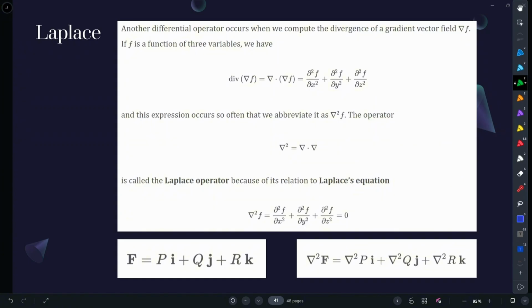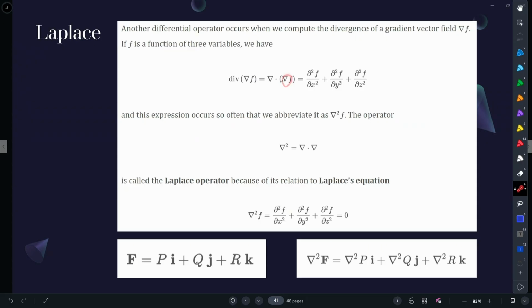The last thing I want to say is one more operator that you may have heard about, the Laplace operator, which comes about by taking the divergence of a gradient vector.